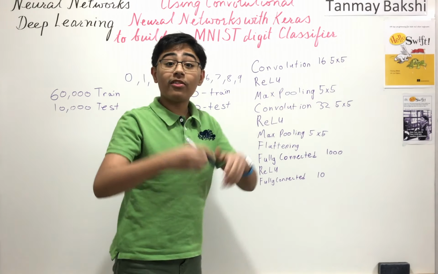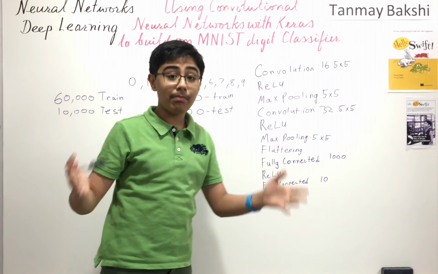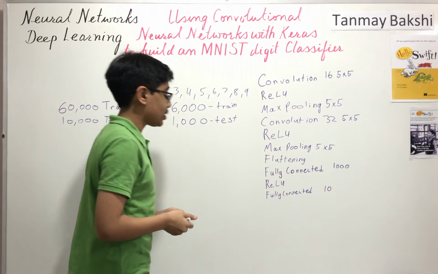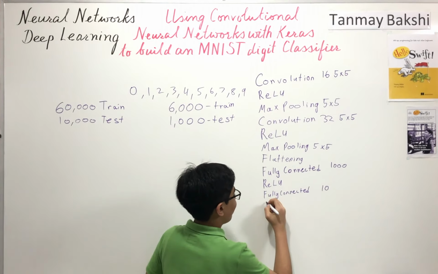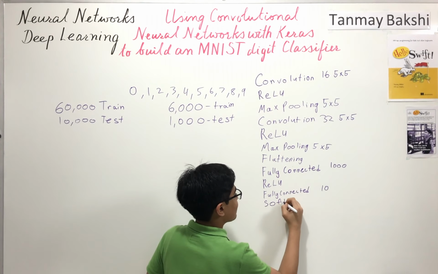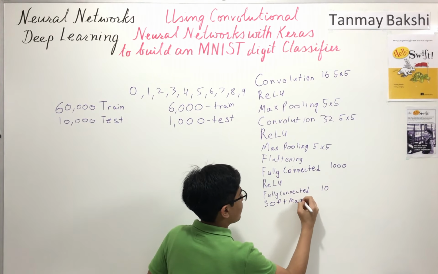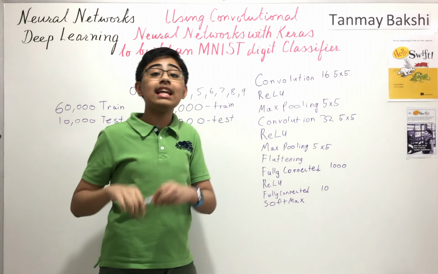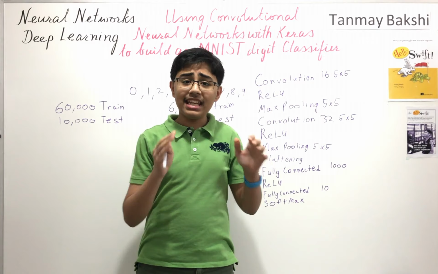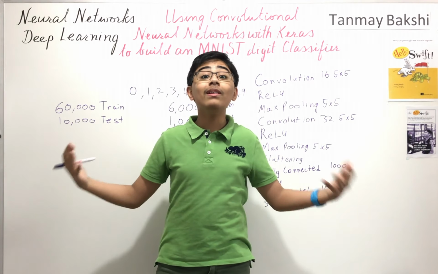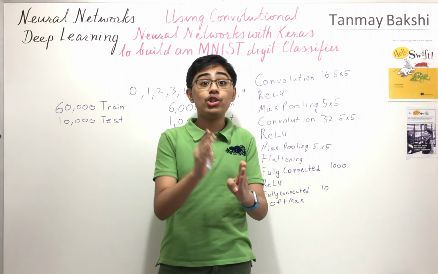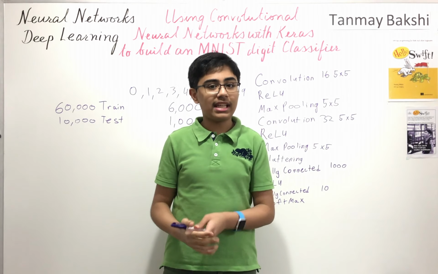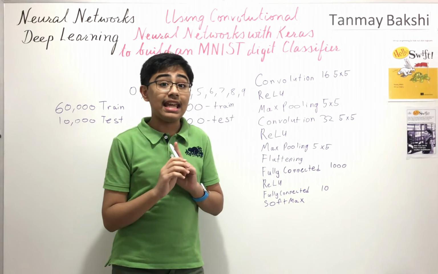And this is going to be our final, I guess you could say, probability matrix. In fact, that is what it's called. And that's why we're using the softmax activation function for this. The softmax activation function is going to take these 10 outputs and create this probability matrix for each digit individually. So let's just say you feed in a 2.